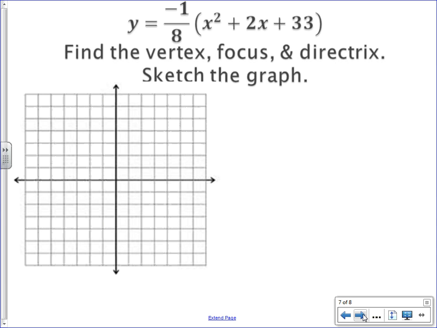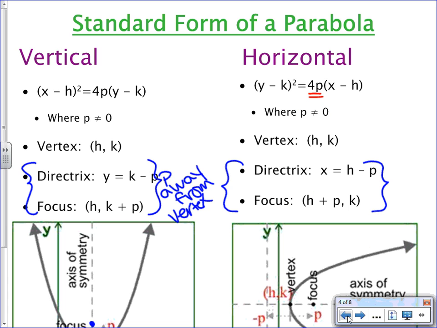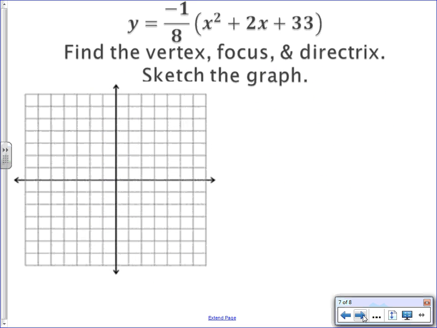Okay? First of all, the coefficient in our equation always goes with which term? Where's the coefficient? With the term that is not squared. Where do we want our coefficient? With the y.